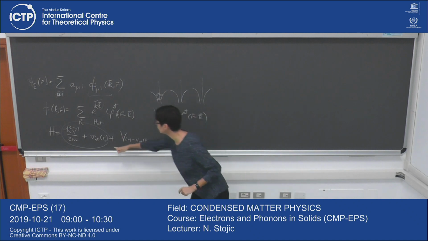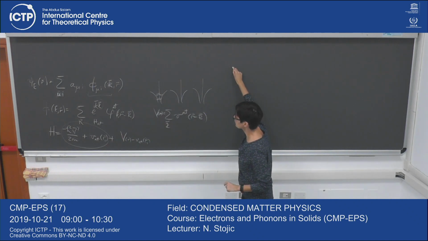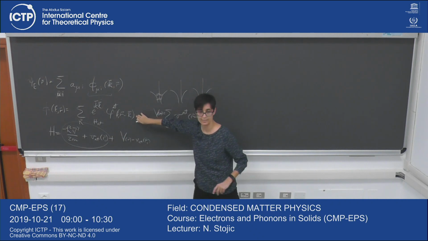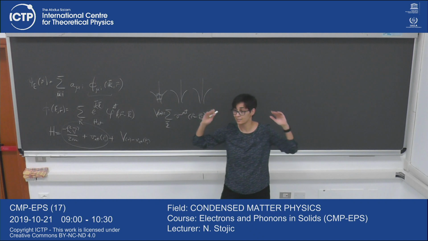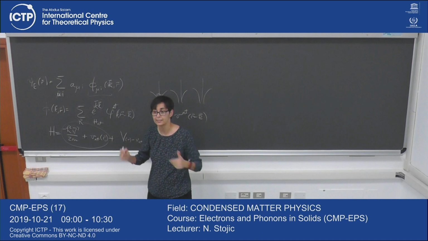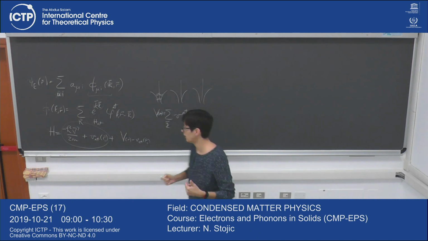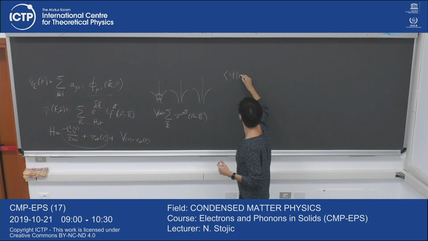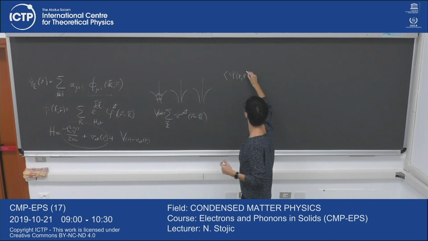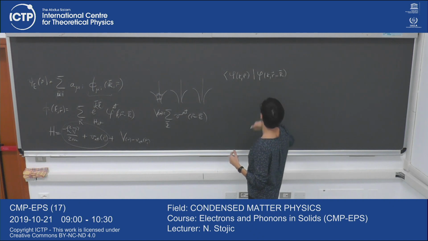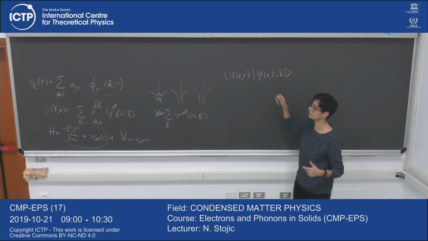So what kind of term will you have here? You will write the whole function, this one times atomic times this one at some different R. So if the R is the same, it's easy to evaluate. That gives you the atomic energy. However, if you have a situation that you have something of this type, what is this?